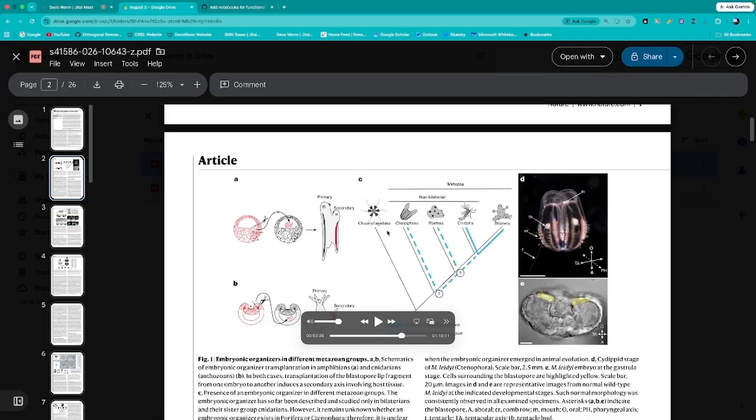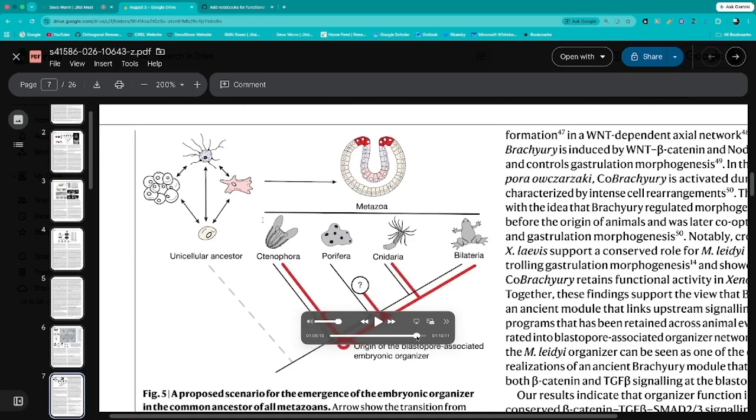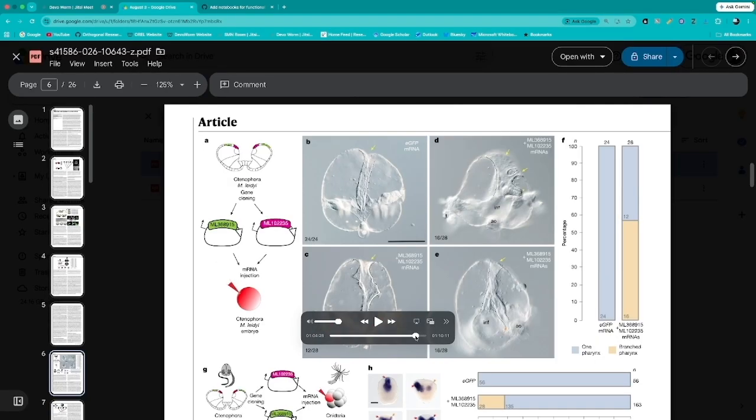And so cnidarians and ctenophores are marine invertebrates, as well as peripheral, but peripheral are sponges. I don't think they were studied in this paper. But anyways, the idea was to find a common ancestral form of this organizer across all these different groups of organisms in metazoa. And so that's the idea. And so they went through, they did a number of different experiments, and they showed some of that work here.